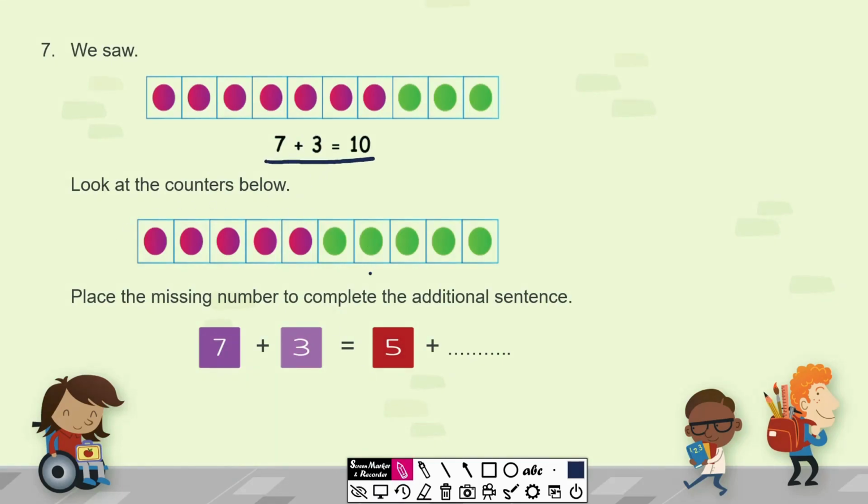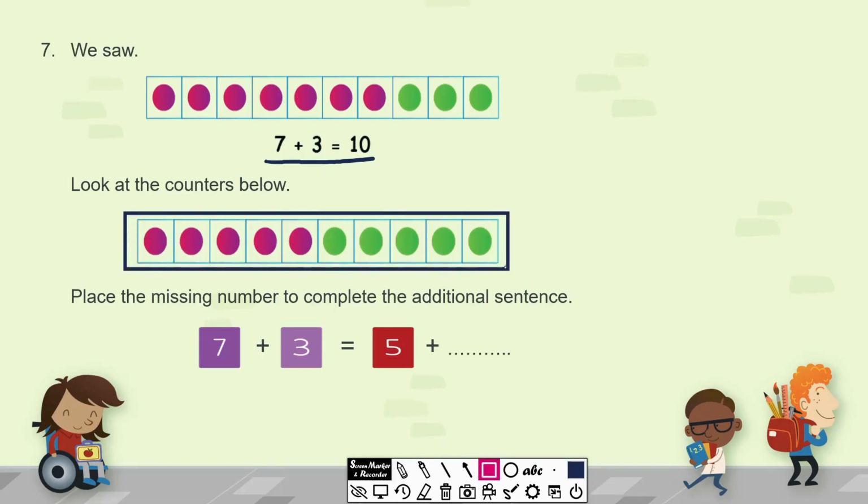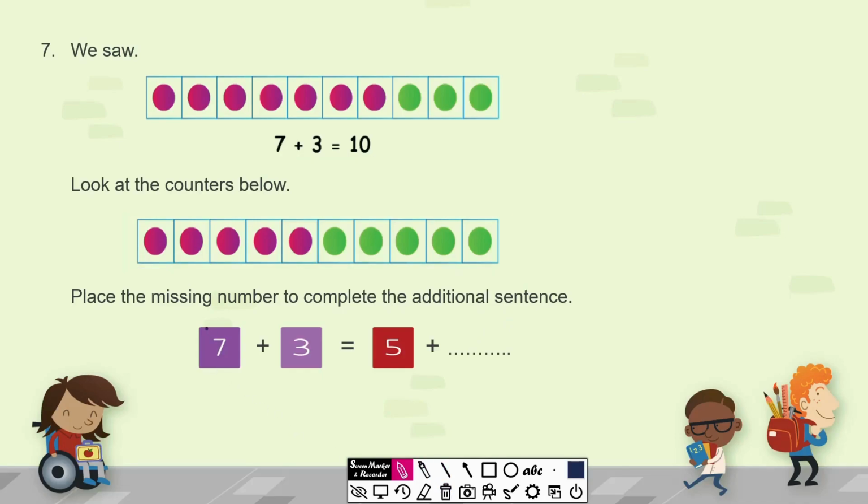Okay, look at the counters below. Let's see these counters now. Place the missing number to complete the addition sentence. Okay. So, this was equal to 10. Now, let's count these counters. 1, 2, 3, 4 and 5 purple counters. 1, 2, 3, 4 and 5 green counters.